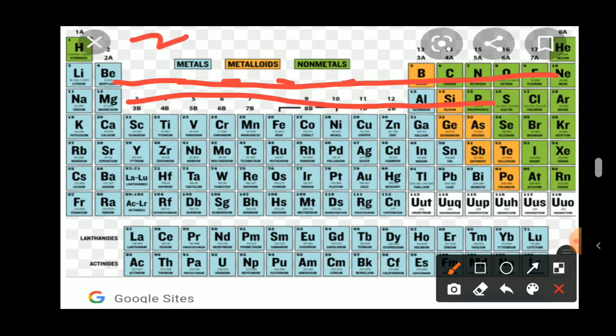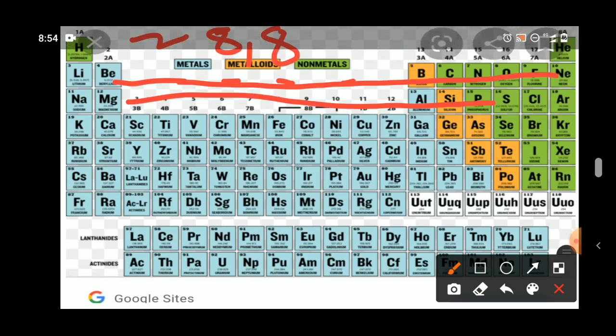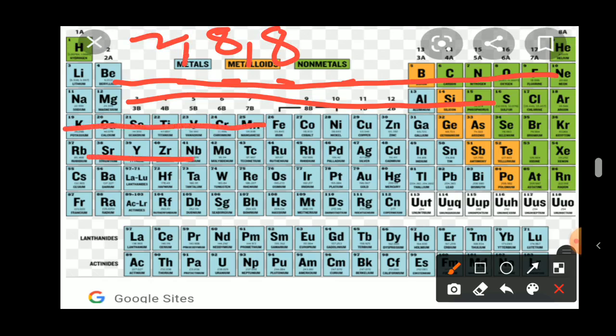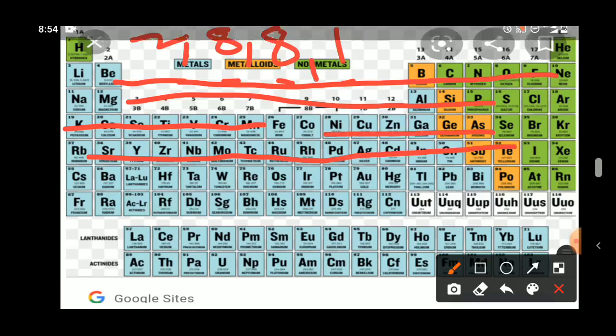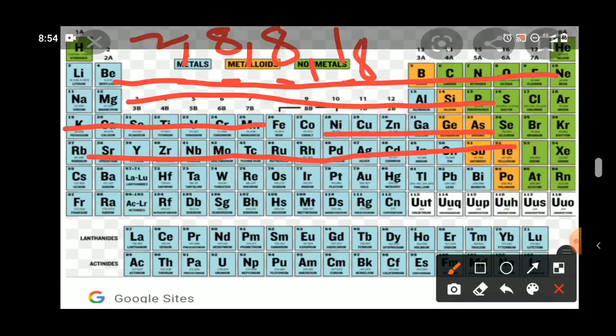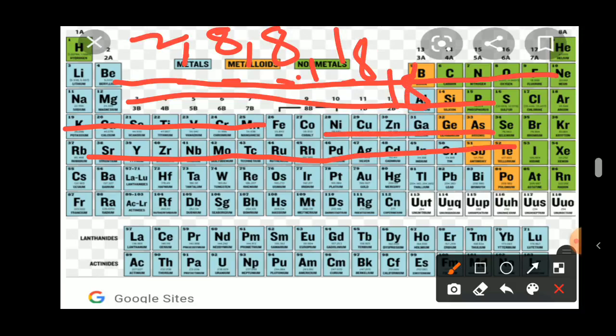Then the fourth and fifth contain 18 elements. So the first period contains only 2, so it is called a very short period. Second and third contain 8 elements, so they are called short periods. Fourth and fifth contain 18 elements, so they are called long periods.